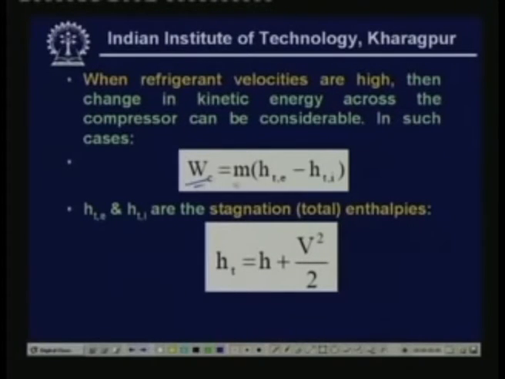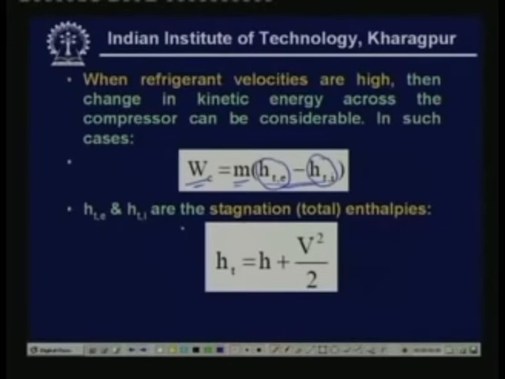Wc is the power input, this is again the mass flow rate into (HTE minus HTI), and where this HTE and HTI are not the specific enthalpies, but they are what is known as stagnation or total enthalpies at the exit and inlet of the compressor. Okay. So, when the kinetic energy is not negligible, you have to use stagnation enthalpies instead of static enthalpies.